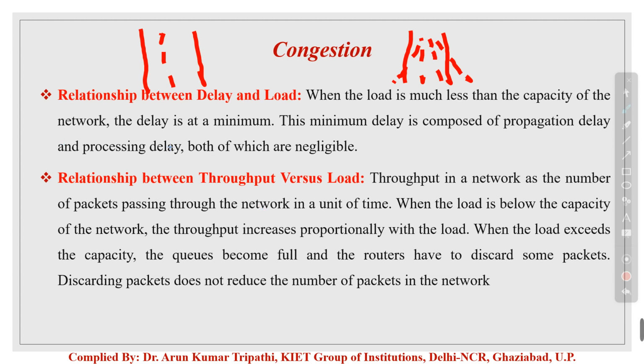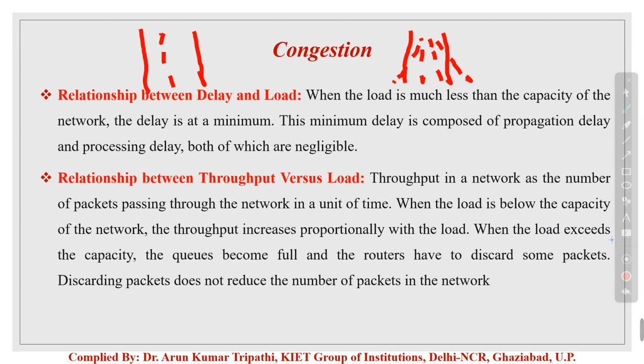Relationship between throughput and load. Throughput in a network is the number of packets processed through the network in unit of time. That means the amount of work done in unit time is known as the throughput. When the load is below the capacity of the network, the throughput increases proportional to the load.